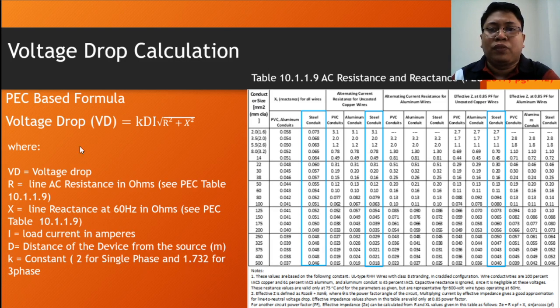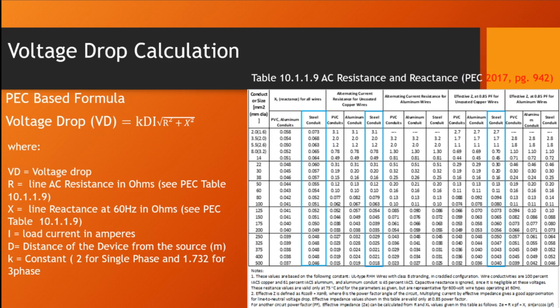And for the K, the constant 2 for the single phase and 1.732 for the three phase or square root of 3. Okay, so this is the table 10.1.1.9 AC resistance and reactance, which is based on PEC 2017 page 942 if you will check the PEC.